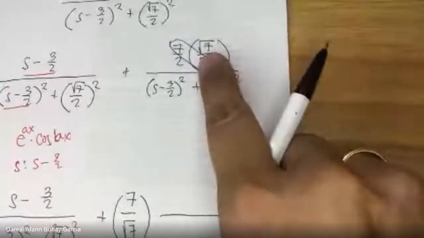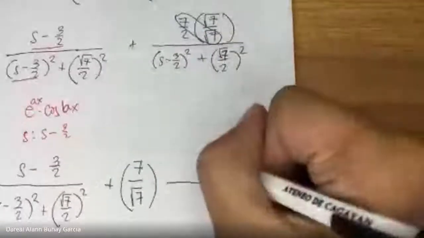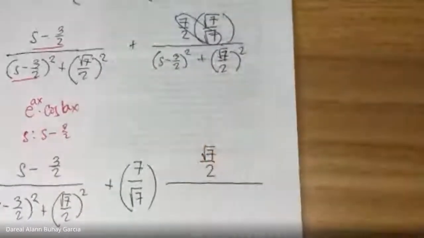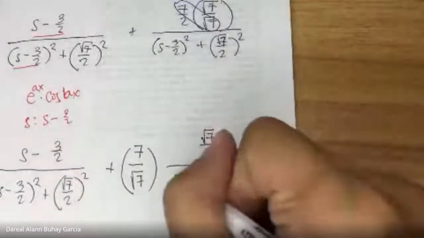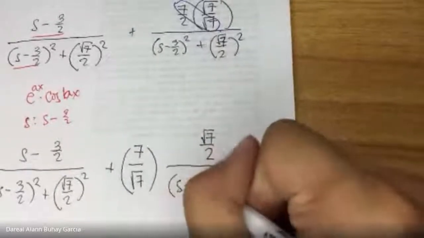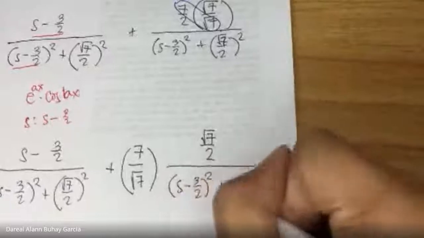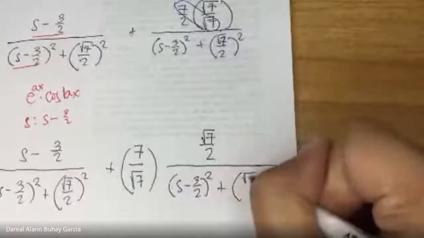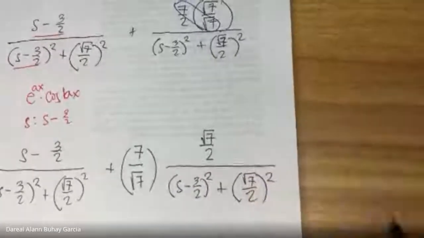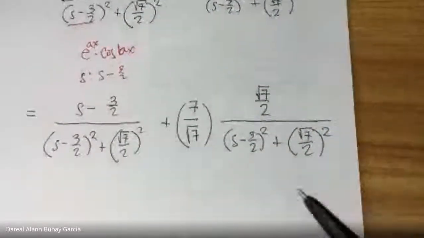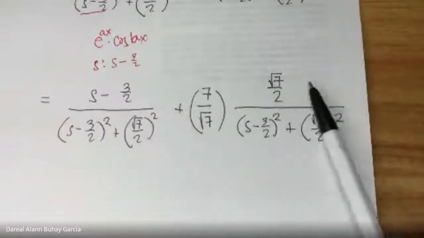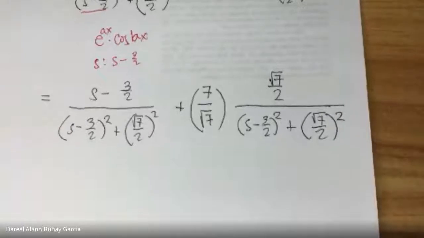Nabilin is square root of 7 over 2 na lang, divided by S minus 3 halves squared plus square root of 7 over 2 squared. Kani, cosine. Kani, sine. No?